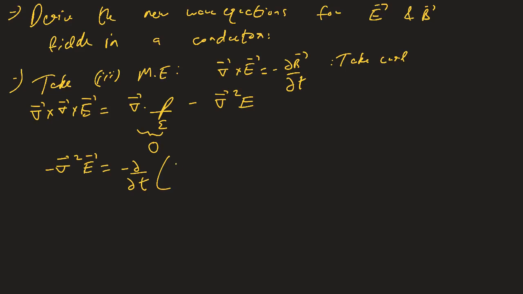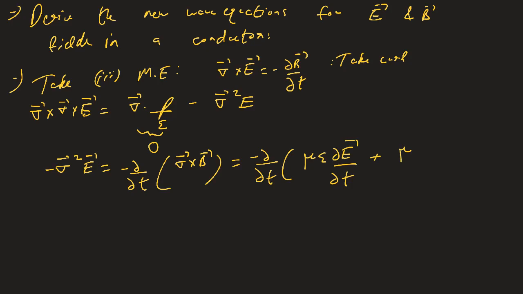So I'll just write one more step. So this is del cross B, but then if you substitute differential equation 4, it becomes minus partial by partial t of mu epsilon partial E by partial t plus mu times the conductivity times the electric field vector.